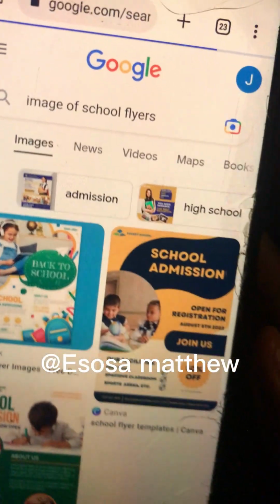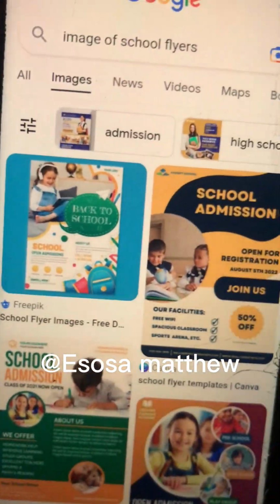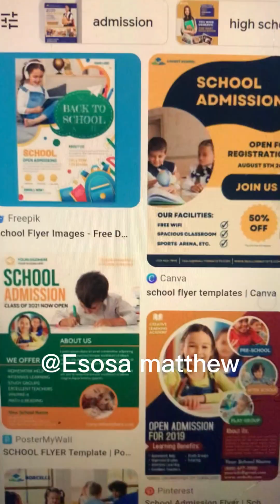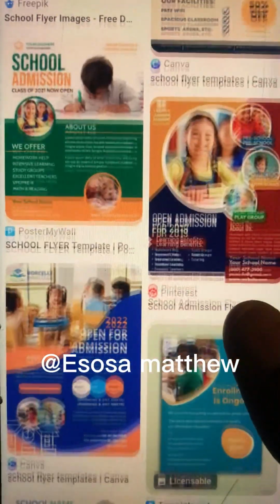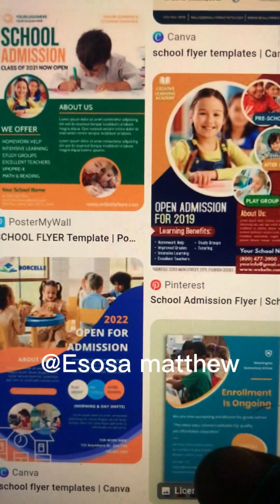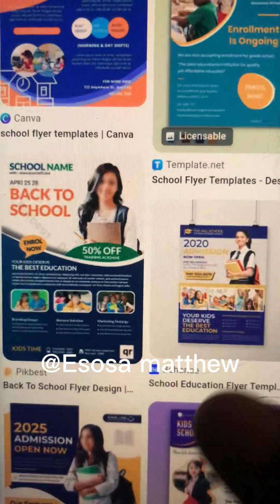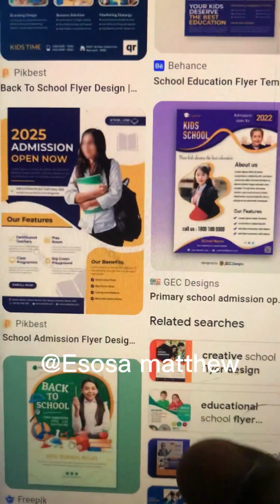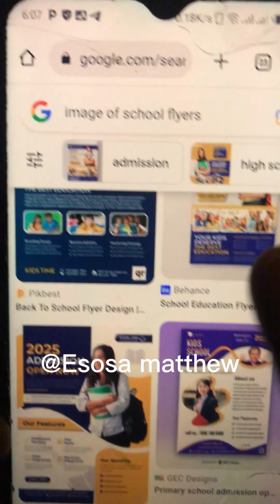It can also be created as posters that will be posted on the wall. I'm sure you have seen some of those. So these are images of school flyers. You can see that it is different. Whatever you want to design will determine where you get your inspiration from and how you do it.